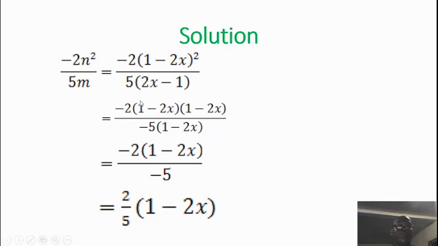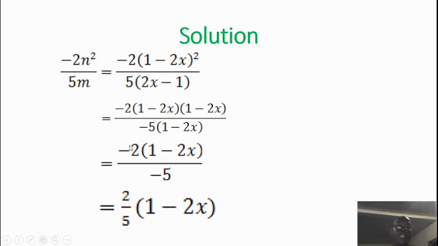We go on. I introduced a negative sign here because instead of writing 2x minus 1, I've decided to write 1 minus 2x, which means I turned it. In order to turn it like that, you have to introduce a negative sign, which is this one. As a result, the denominator looks like one of the numerators, which can cancel out, leaving behind a single 1 minus 2x.